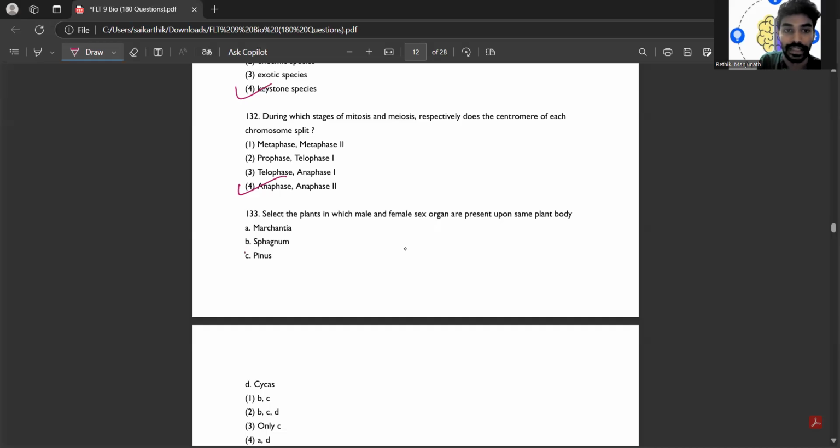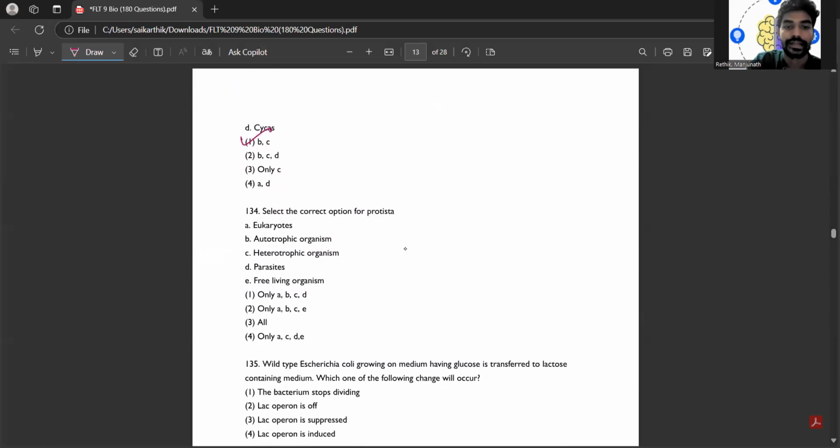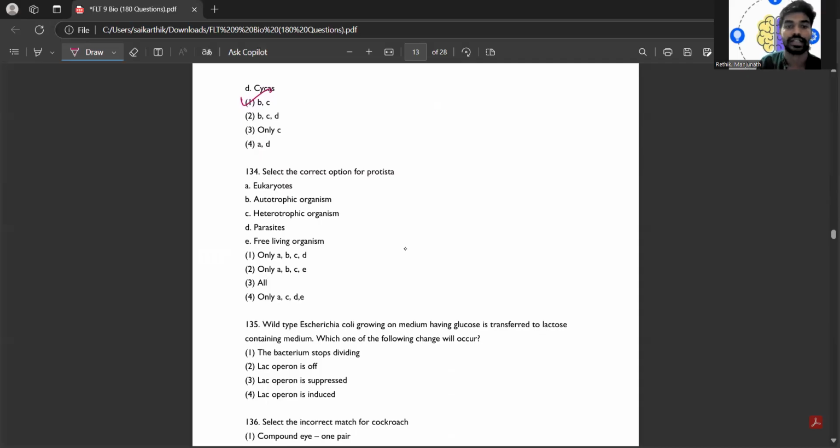So what would be the correct answer here for 133? B and C, I guess. Next we have 134. Select the correct option for the Protista.